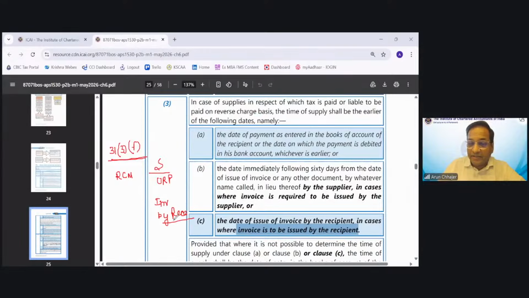Absolutely correct, Mahalakshmi and Navneet. So meaning thereby, clause B would be applicable if the supplier is registered, and clause C would be applicable if the supplier is unregistered. Is that clear? Is that clear to all?